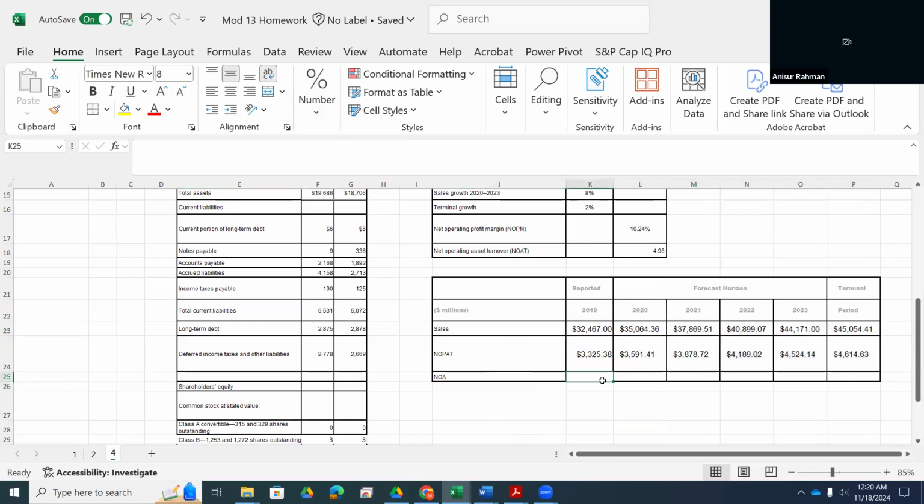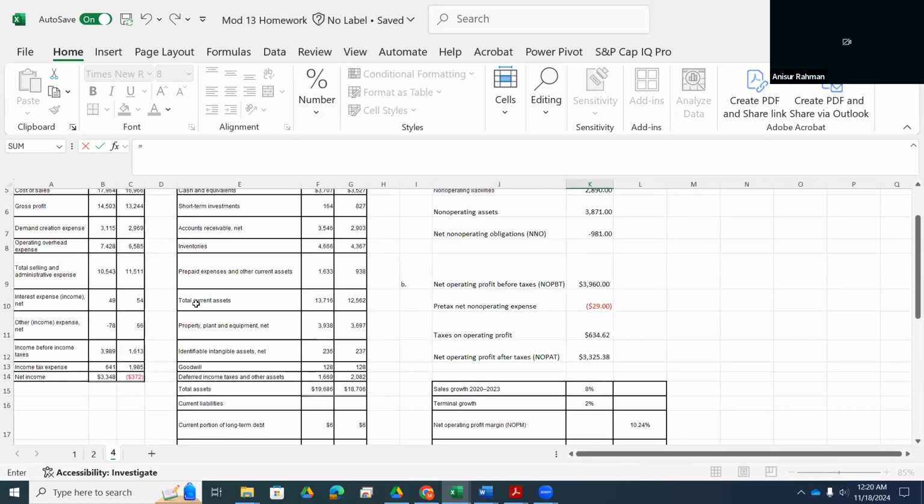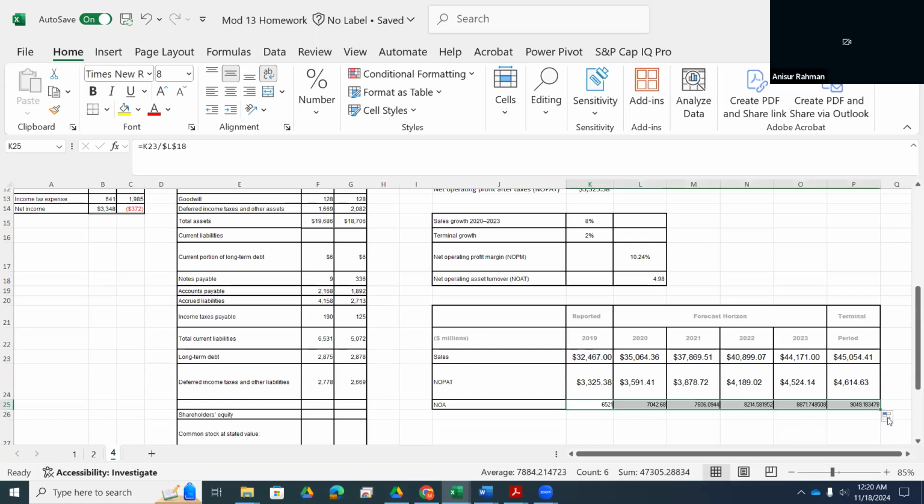Now net operating assets will be our sales divided by our net operating asset turnover. Lock this cell and then pull across without formatting if you want to.